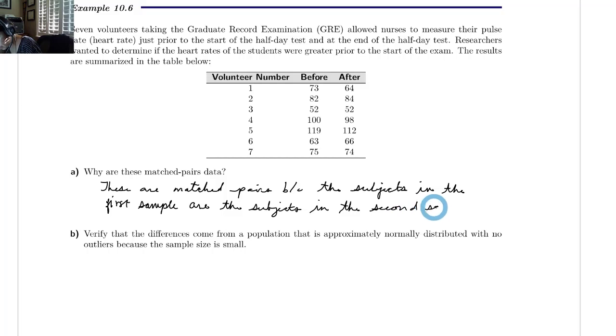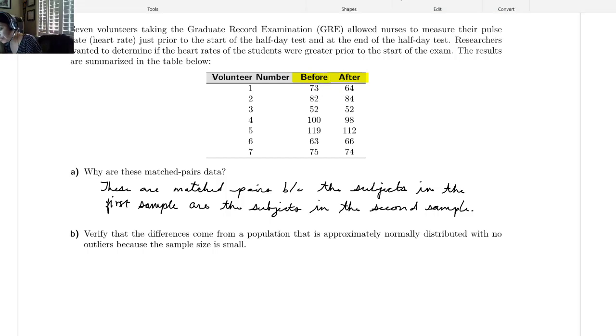Now that we know that they're dependent matched pairs, one of the key things is that when you see two samples, before and after, that's your red flag that it's going to be dependent.